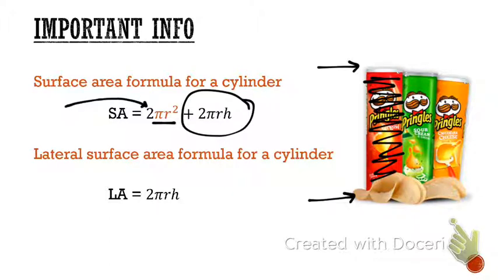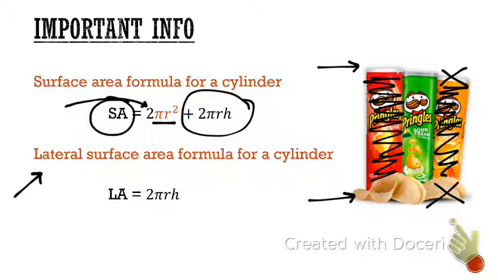Then there's also down here, if you only wanted to know, not the surface area up here, but just the lateral surface area. That means, once again, just the shape around, not including the top and the bottom. Then that would be lateral surface area equals 2 pi rh, and if you notice, that is part of our formula right there.